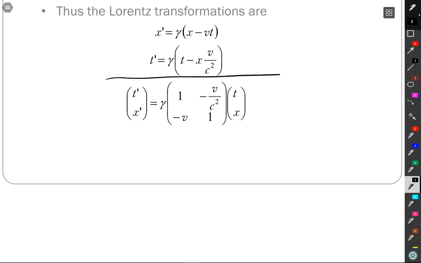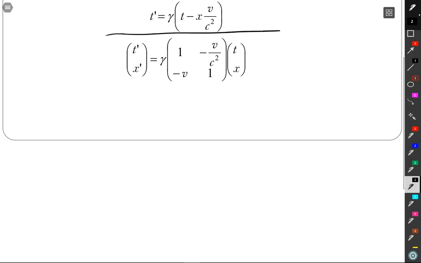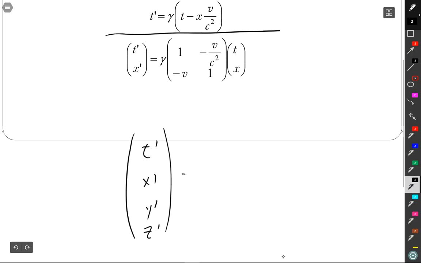And thus we can make a 4-dimensional conversion matrix that just has ones for the rest of the diagonal. So we can put t prime, x prime, y prime, z prime equals gamma times 1. I didn't give myself enough room.